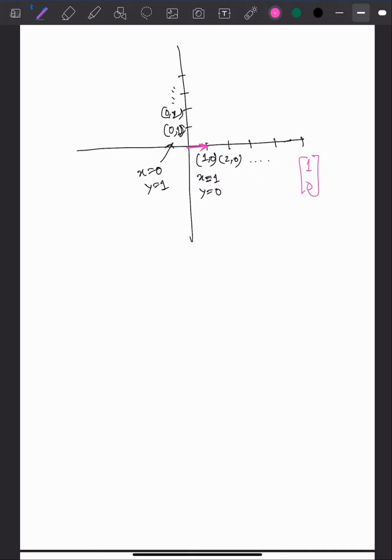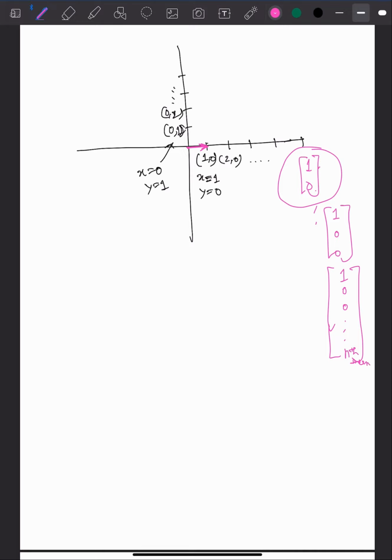This is the way to represent any vector column-wise, whatever the dimension. If it is three-dimensional, then for the x-axis we can write 100. For n dimensions, we can write 100 up to the nth term.